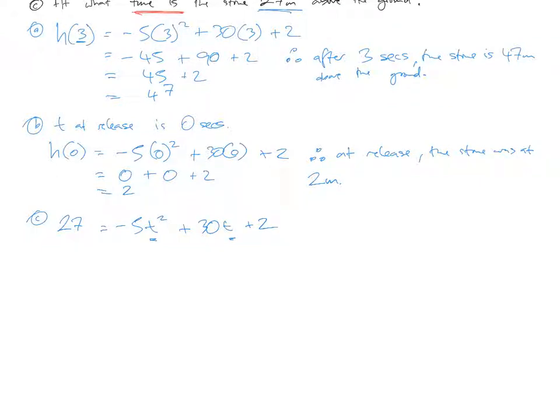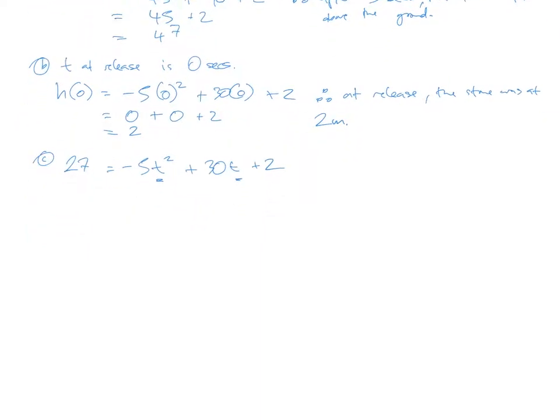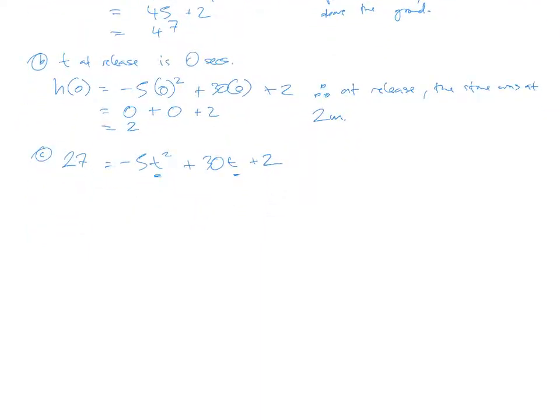Alright. So we need to solve this using our techniques from before. I'm going to rearrange it. I'm going to put everything on the left hand side that is on the right, so negative 5t squared plus 30t plus 2 is equal to 27. I just switched them around.